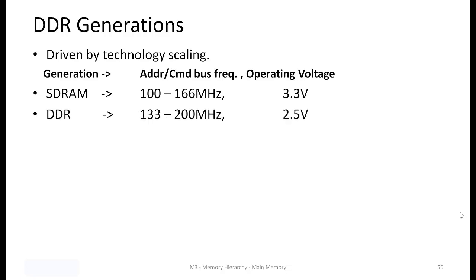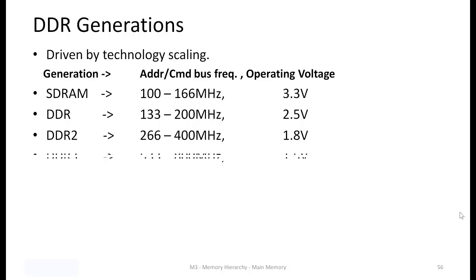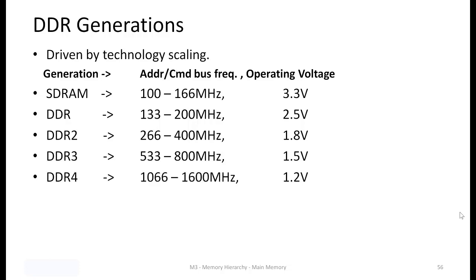Following that, we have the first DDR. If you look at the frequency, it has improved slightly and the operating voltage decreased a little. Then we have the second generation of DDR. The frequency almost doubled with DDR2, and the operating voltage reduced. Then we have the third generation. The frequency improved a little and the operating voltage dropped a little.